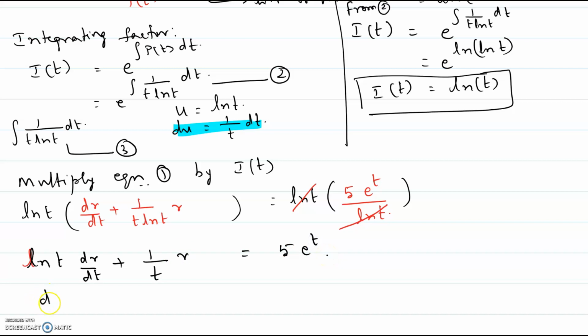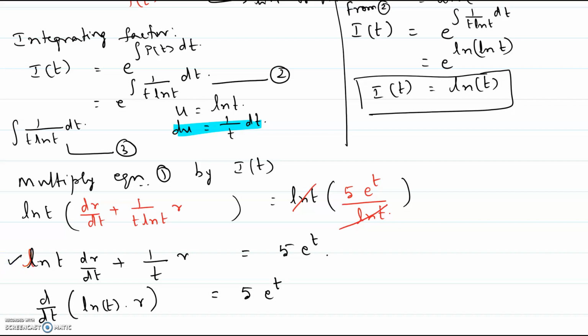Once you multiply that, you can write the left-hand side as d by dt of the integrating factor times r. This is equal to 5 e to the t. We can check the left-hand side. It is the product of two functions, so if you differentiate, it is ln t times dr by dt plus r times the derivative of ln t, which is 1 over t, exactly what we have on the left-hand side.